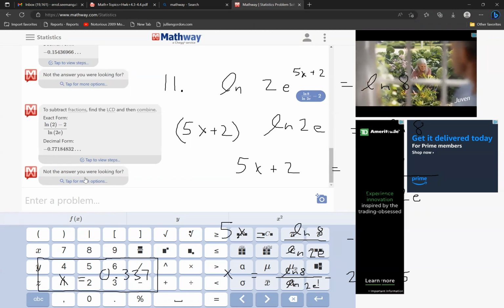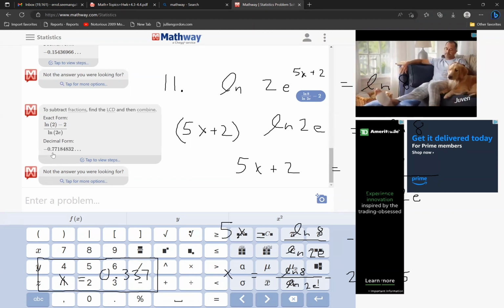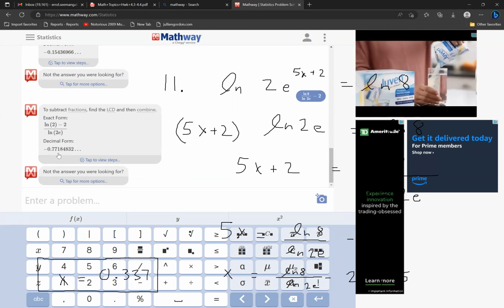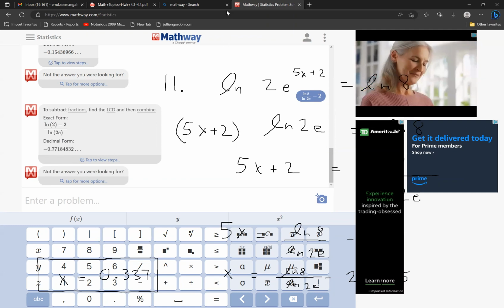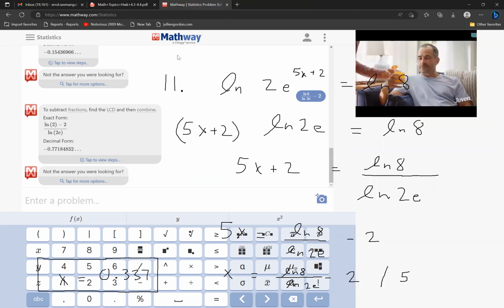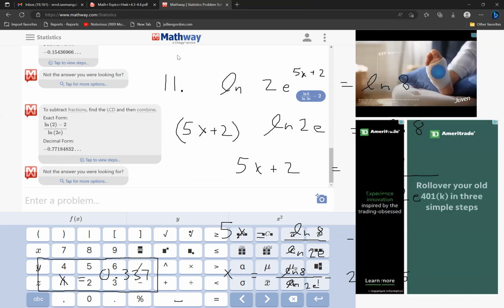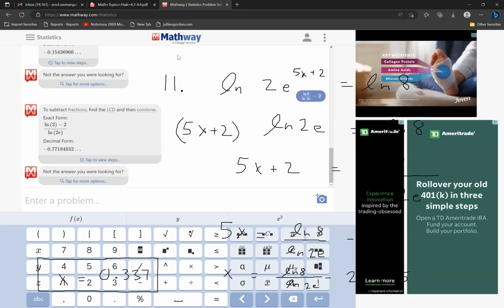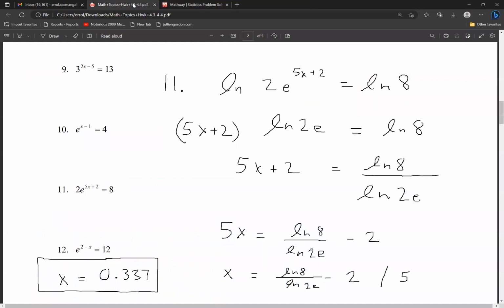Negative 0.77184. Divide that by 5. Negative 0.154.